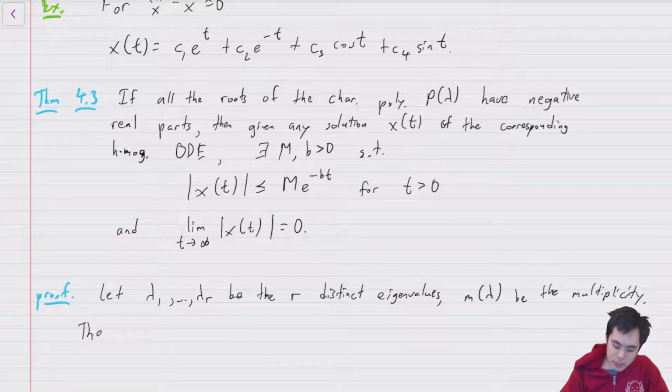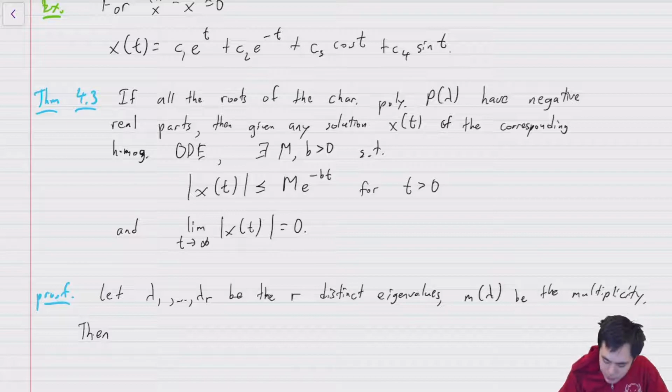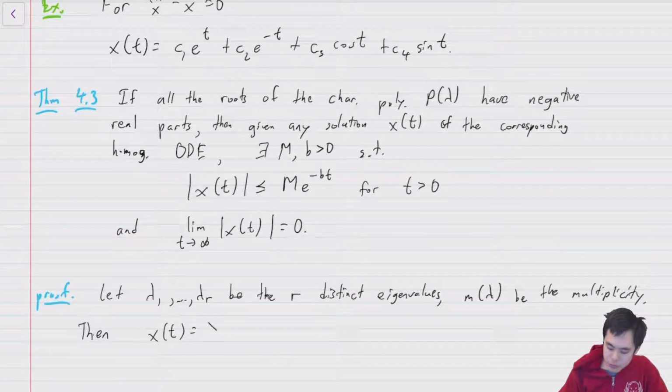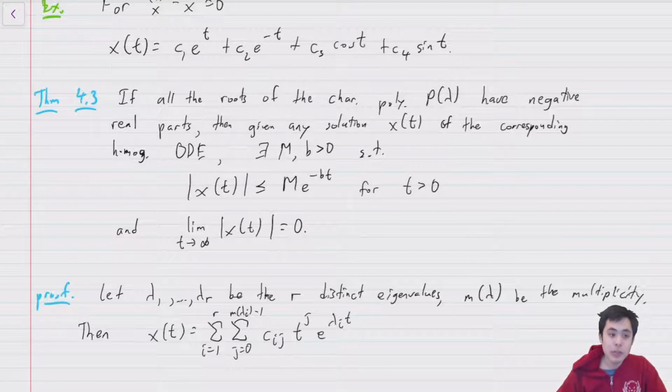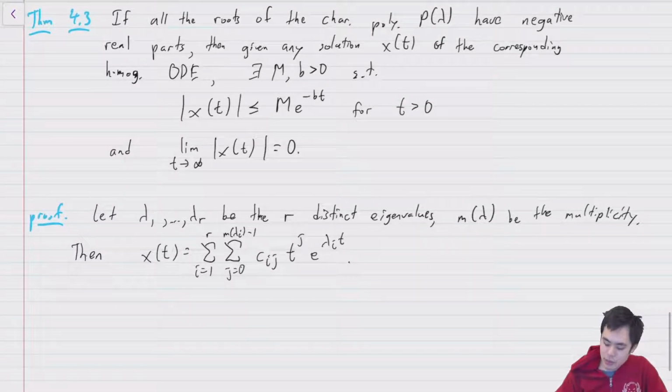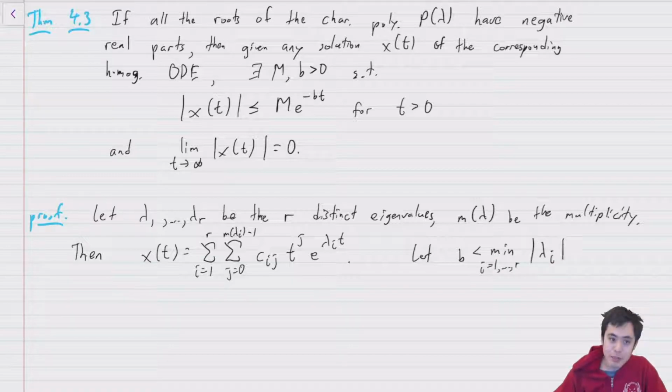Well, then we know that x of t is going to be equal to some linear combination of the double sum from i equal 1 to r, and j equal 0 to m of lambda i minus 1, c_ij t to the j e to the lambda i t, where we have a bunch of constants. And we're going to let our value b be some value less than the minimum over i equal 1 through r of the absolute value of lambda i.